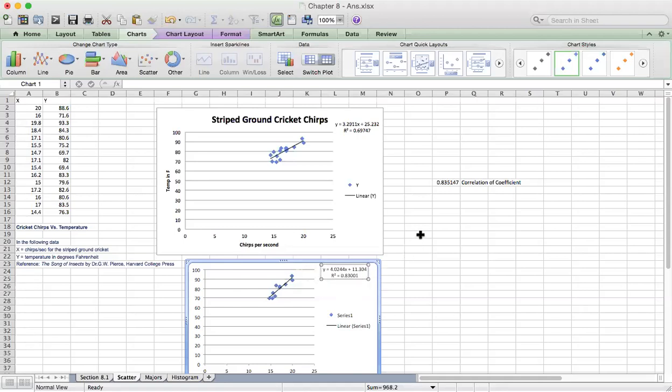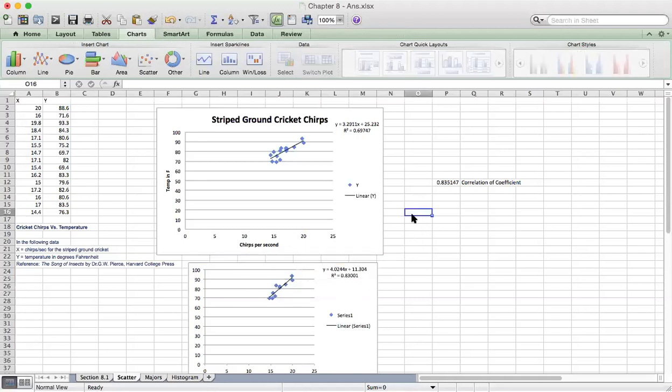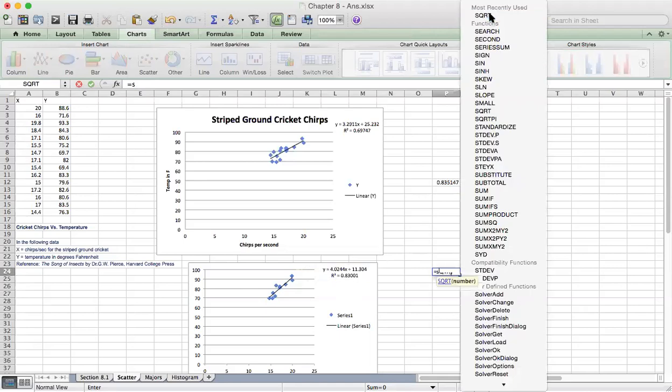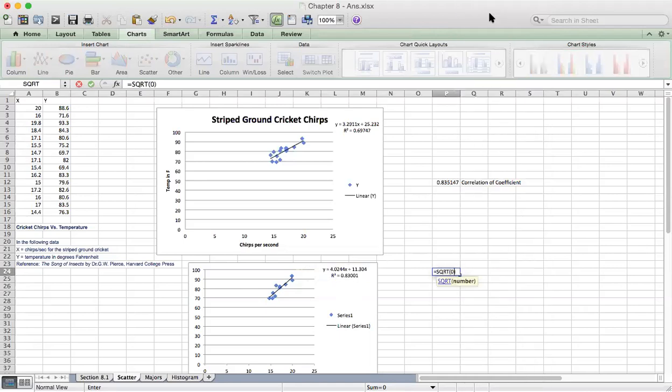And there is my new value. And if I want to find its correlation coefficient, I take the square root, SQRT, there we go, of 0.83001. And now my correlation coefficient, Command X, Command V.